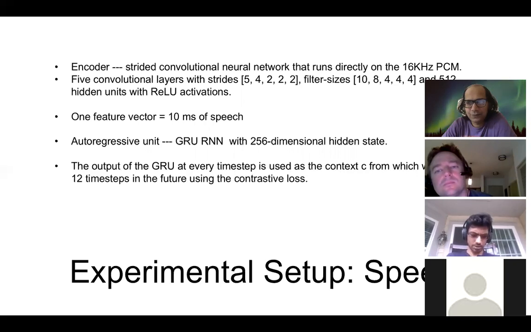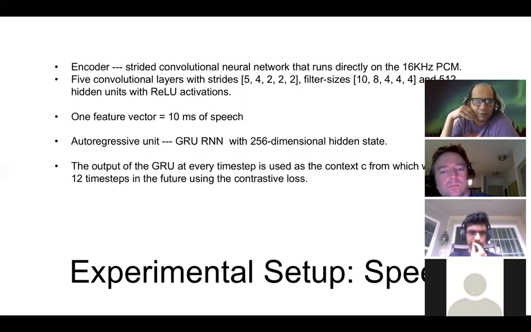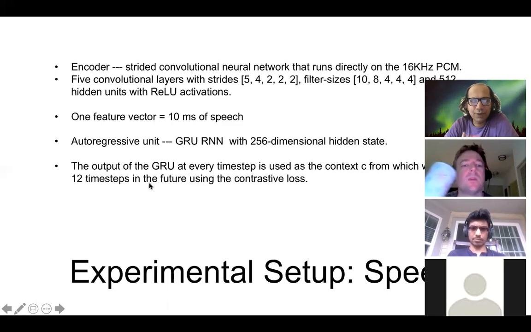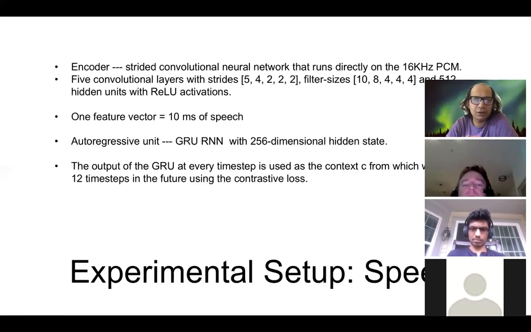For every 10 milliseconds, yep. Yeah. And then as the autoregressive model, they have used a GRU RNN with 256 dimensional hidden state. And the goal is to predict 12 time steps in the future based on the current context, using the contrastive loss.